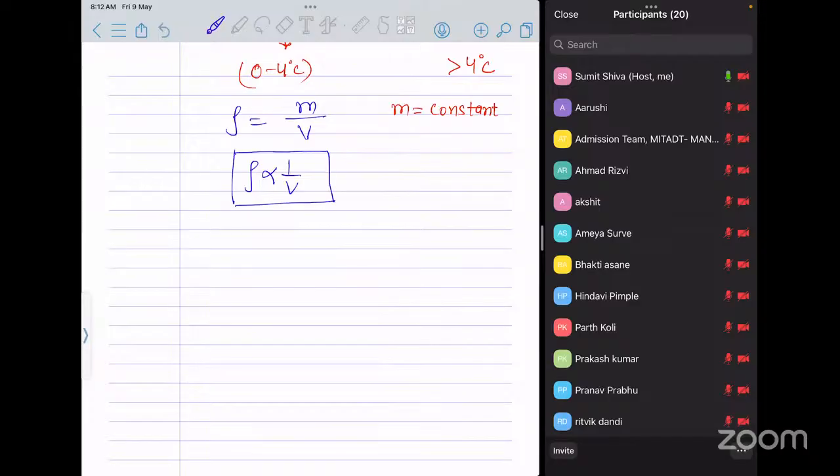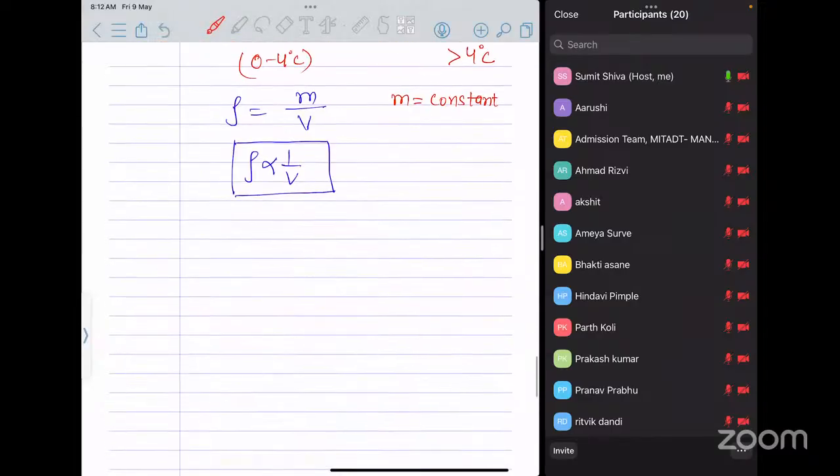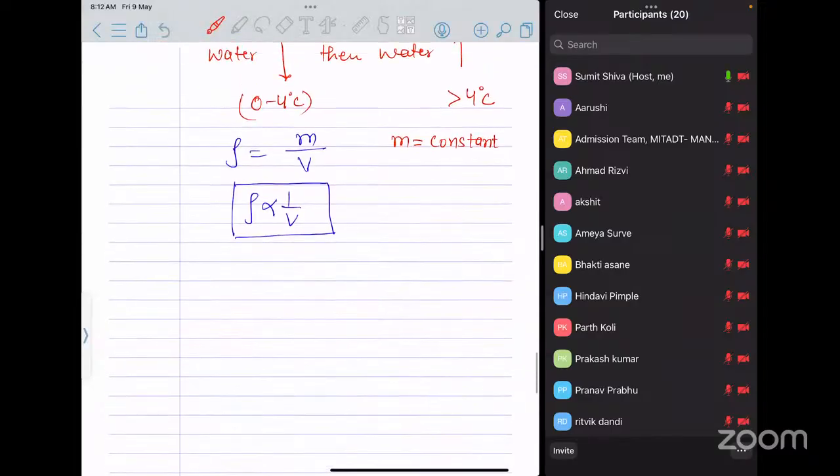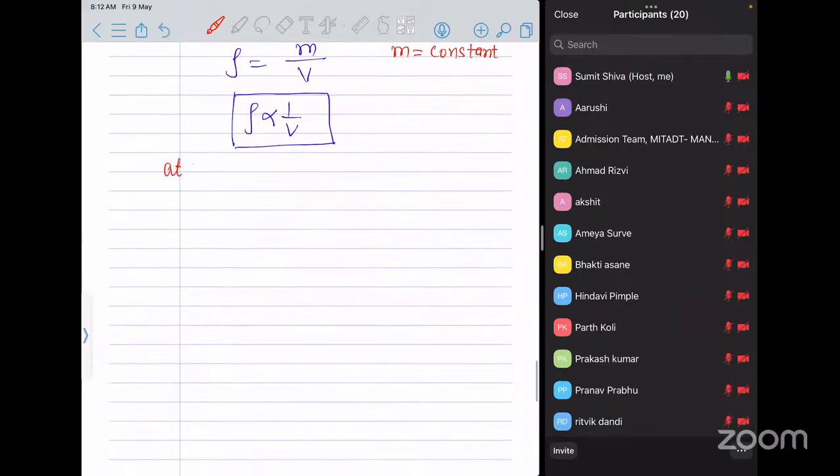Now, if we look at the behavior of water between 0 to 4 degrees Celsius, water is contracting, which means at 4 degrees Celsius, the volume of the water will be minimum. And if volume is minimum, this implies that density is going to be maximum. So at what temperature is the density of the water maximum? The density of the water is maximum at 4 degrees Celsius, and that density is taken as the reference density of the water.